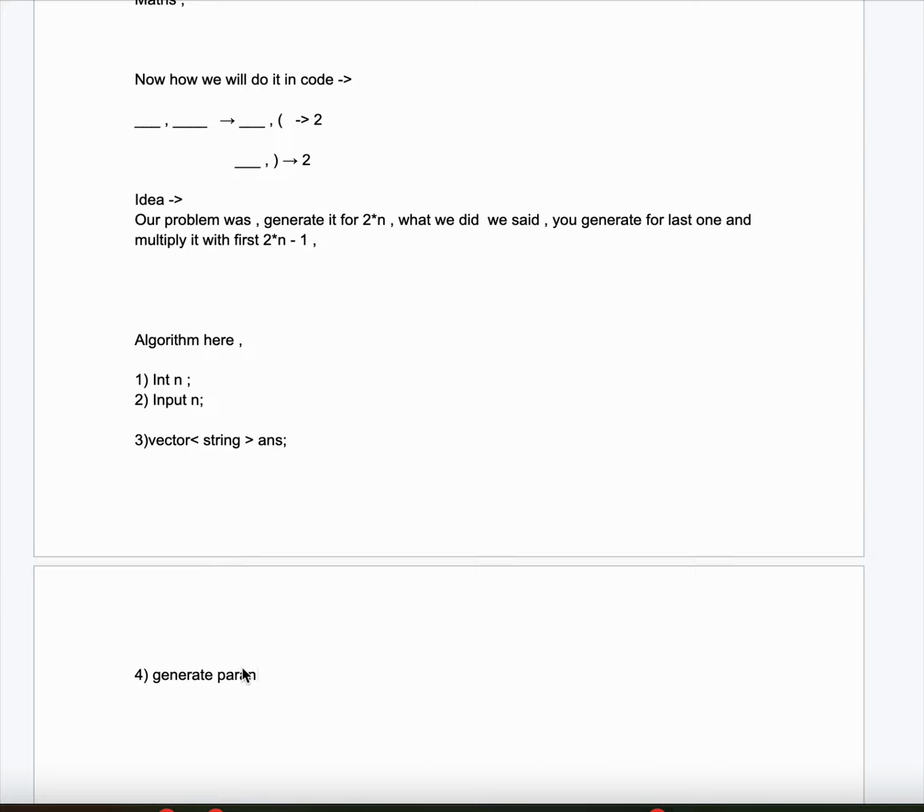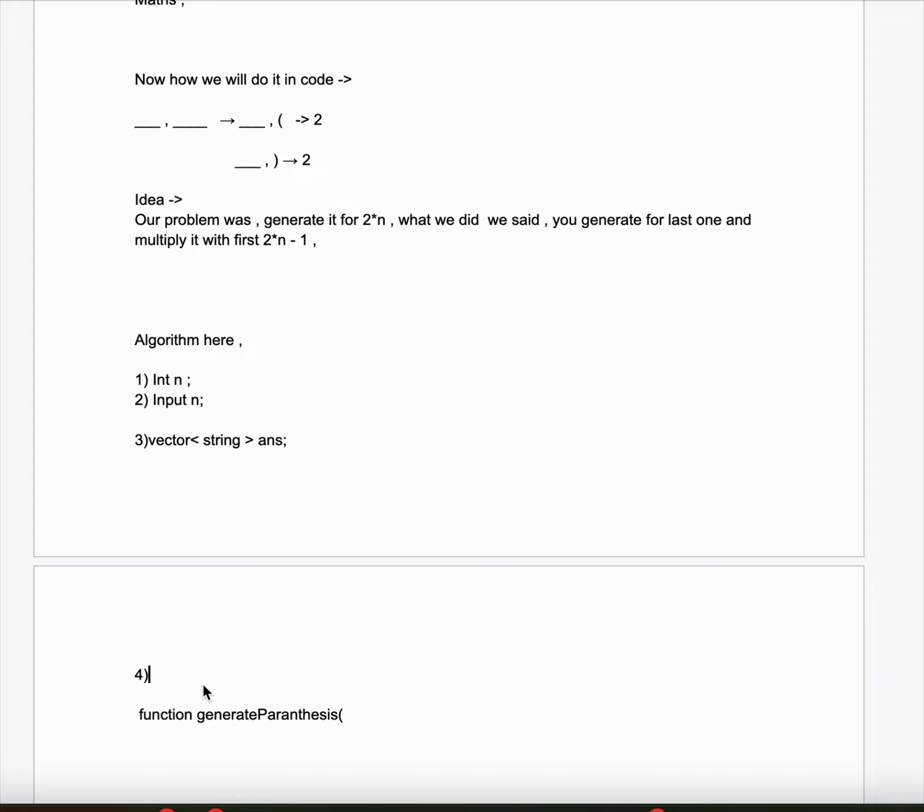Before that, I'm missing something. We need to have a container where we will store our answer.